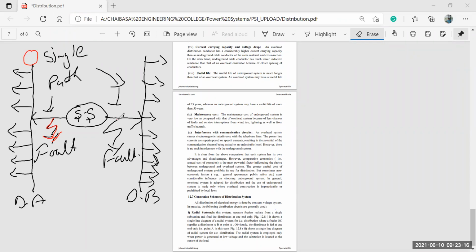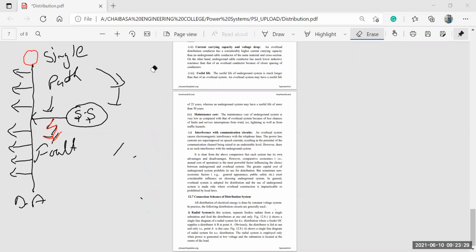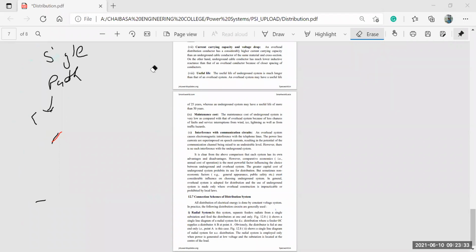If a fault occurs in this particular segment, this entire region would be isolated and affected, right? In India, more than 95% of the distribution is connected in the radial format itself.